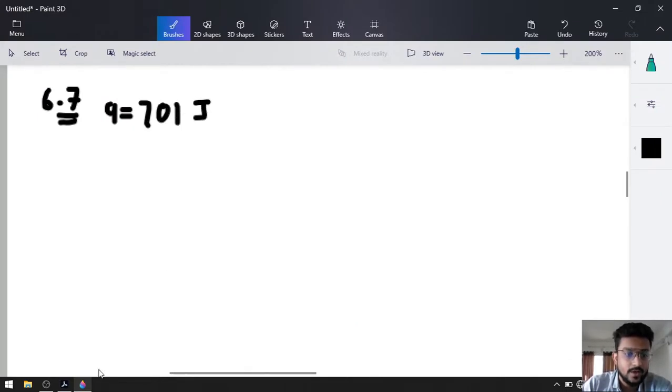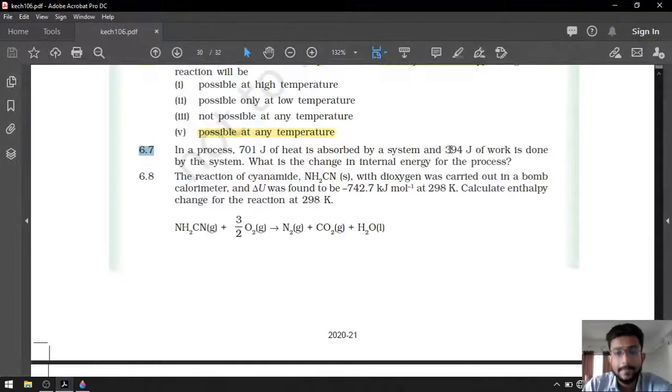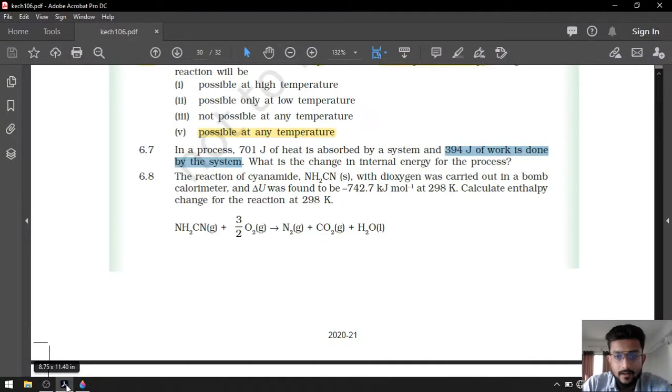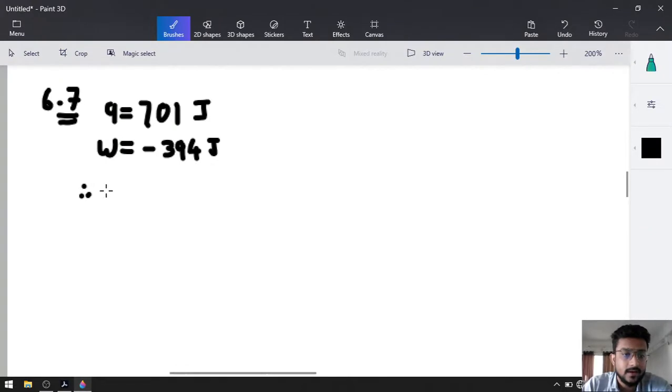It is positive because it is absorbed by the system, and 394 joule work is done by the system. Work done by the system, so W will be minus 394 joule. What is the change in internal energy? It is a simple one marker question of the first law of thermodynamics.